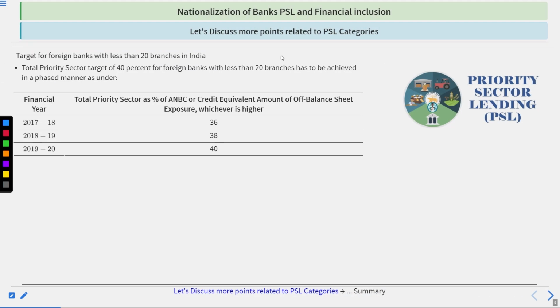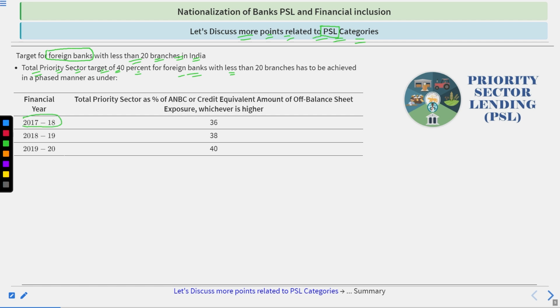Now, let's begin with more points related to the PSL sector categories. As we know, PSL stands for priority sector lending. First we will see the target for foreign banks that operate in India and have less than 20 branches. A total priority sector target of 40% for foreign banks with less than 20 branches has to be achieved in a phased manner.